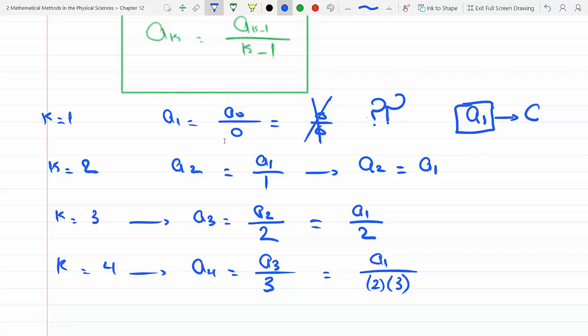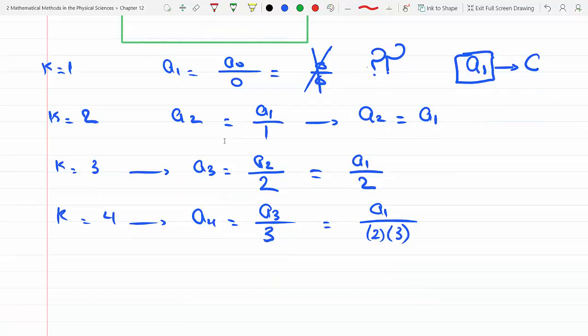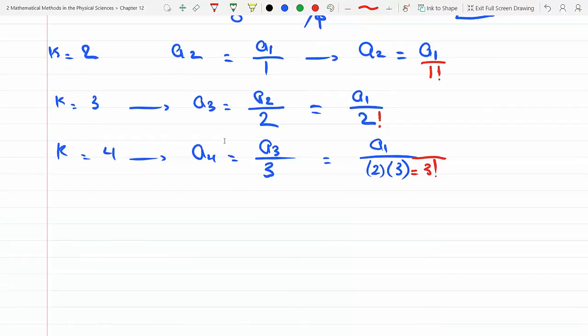Now notice the pattern here. This is over 1, yeah? So we can start to see a pattern here. This is 1, which is the same thing as 1 factorial. 2 is the same thing as 2 factorial. This here is the same thing as 3 factorial. So you can see what's going on. The next one will be 4 factorial. Let's check if this is indeed the case.